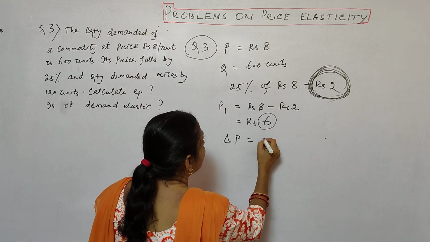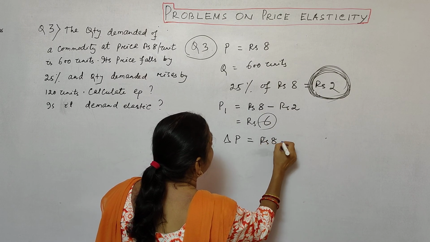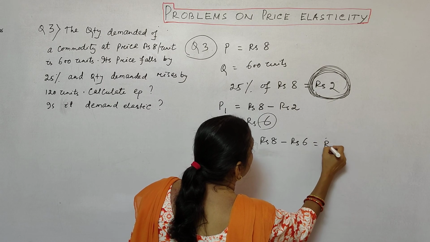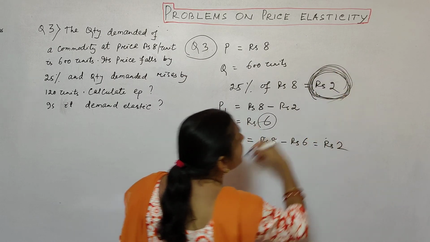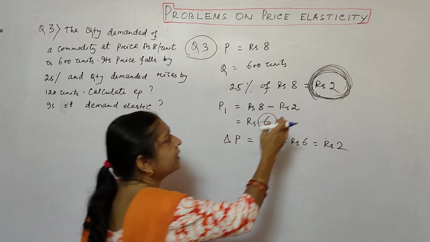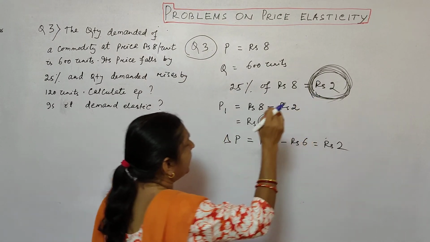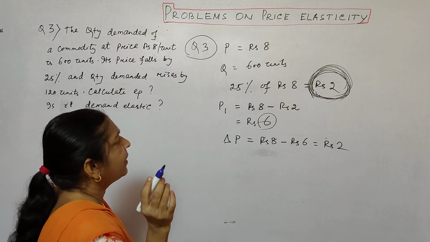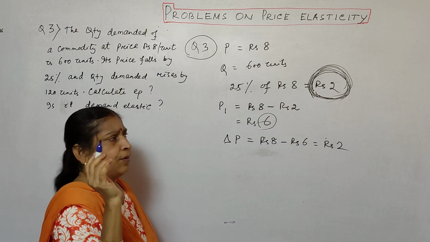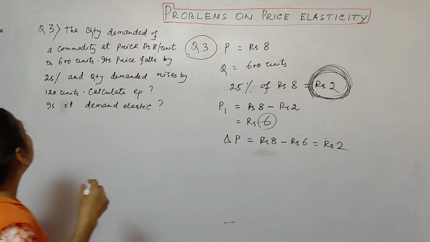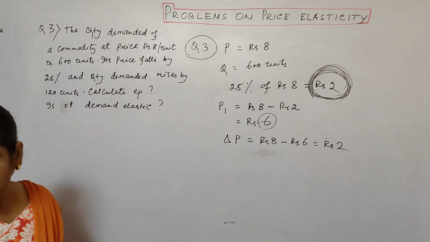Delta P is initial price rupees 8 minus final price rupees 6, which comes to rupees 2. So this is our ultimate delta P. We can use it as delta P, or from this amount we can find out the value of P1. So now with this information we will calculate EP.